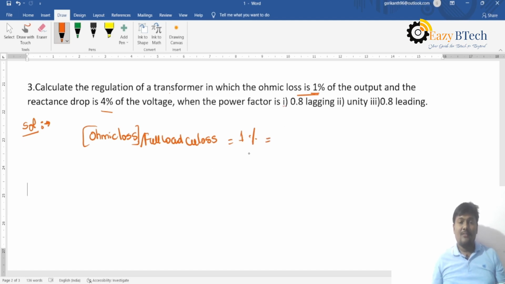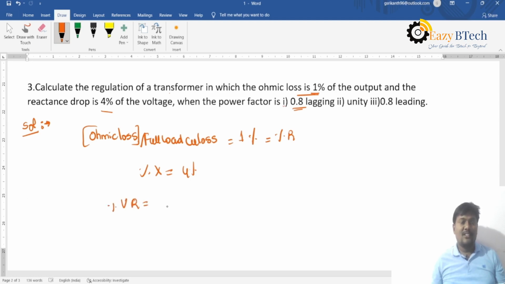As we have seen in the derivation, that should be equal to percentage R, and percentage X is equal to 4%. Then you can calculate the voltage regulation for 0.8 lagging power factor.